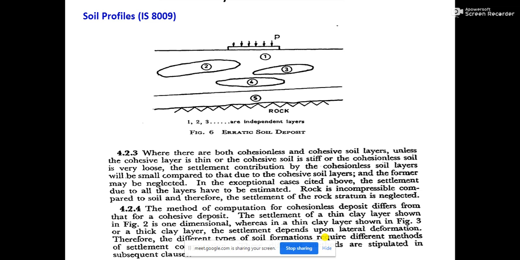In the exceptional cases cited above, the settlement due to all the layers has to be estimated. What is the exceptional case?